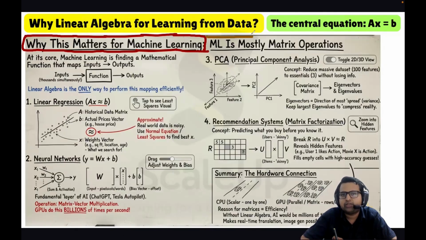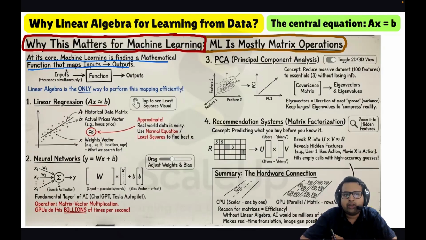Machine learning is mostly matrix operations. In machine learning, we will be coming across lots of matrix operations. At its core, machine learning is the process of finding a mathematical function that maps inputs to outputs.